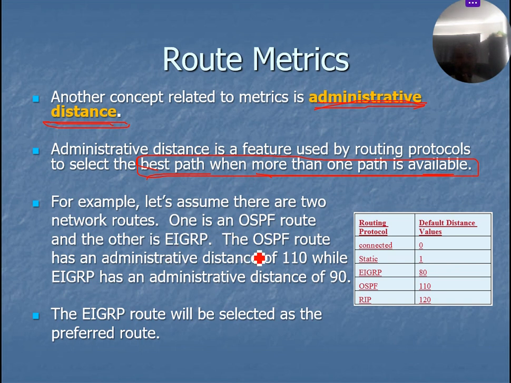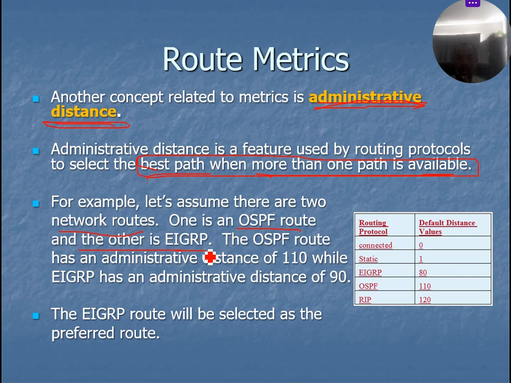Administrative distance is normally used to determine which path we follow. For example, let's assume there are two network routes. One is an OSPF route, the Open Shortest Path First routing protocol, and the other one is the Enhanced Interior Gateway Routing Protocol.